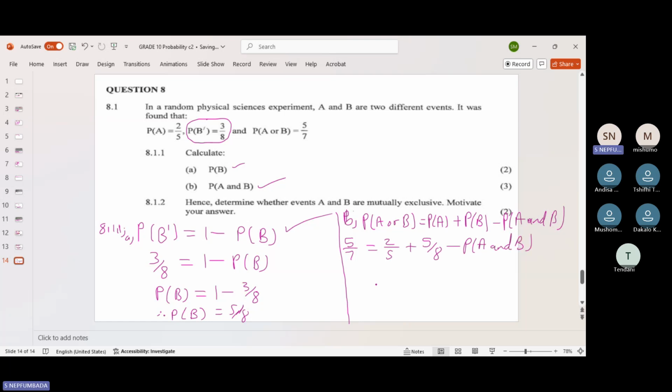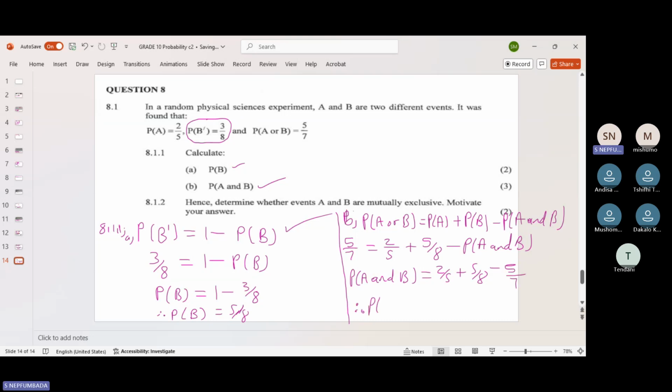So we take probability of A and B that side, and we take 5 over 7 that side: 2 over 5 plus 5 over 8 minus 5 over 7.